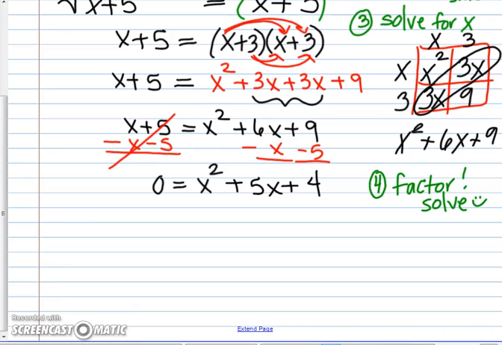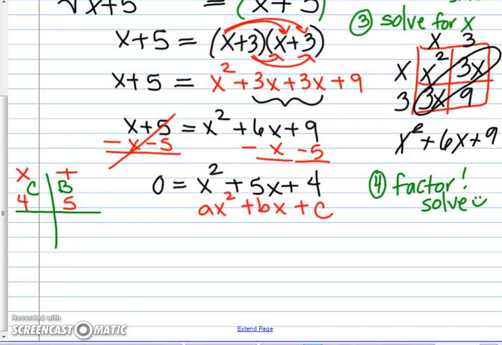So you're going to do your CB table. For your C, remember this is ax squared plus bx plus c. So your value for c is 4, and what's your value for b? 5.